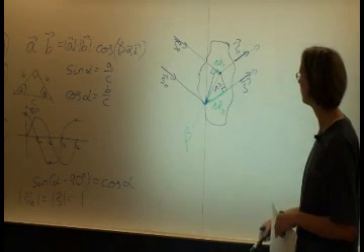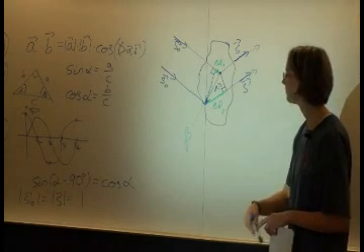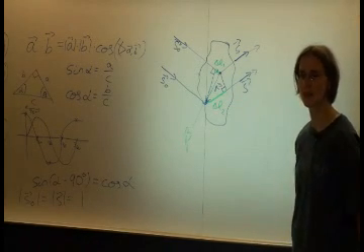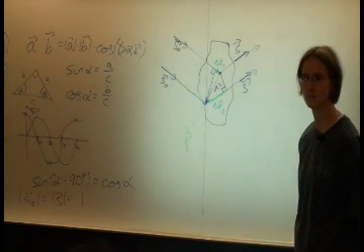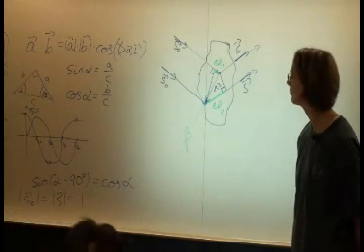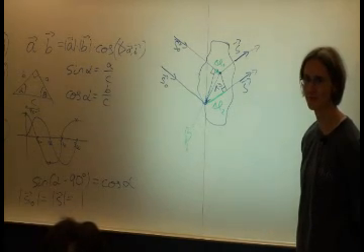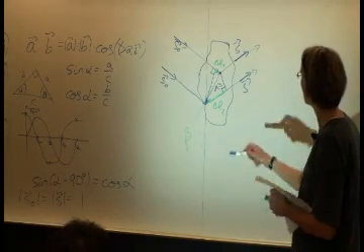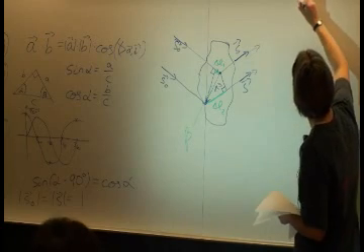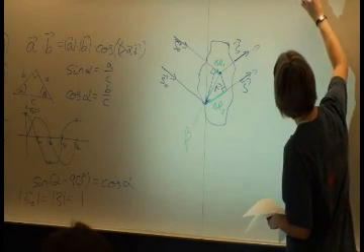What can you tell me about that triangle? First of all, which rule should we use? 1, 2, 3, 4. Number 2. So according to number 2, the sine of beta is what?